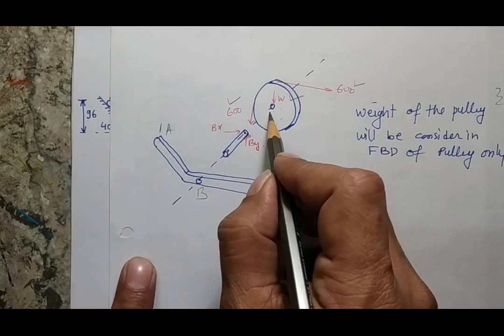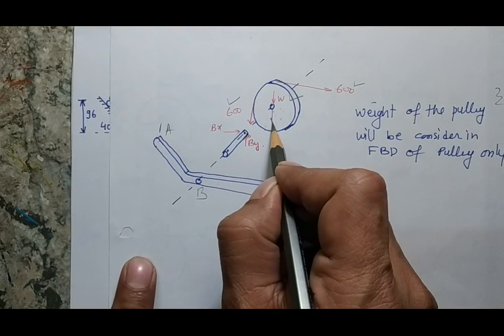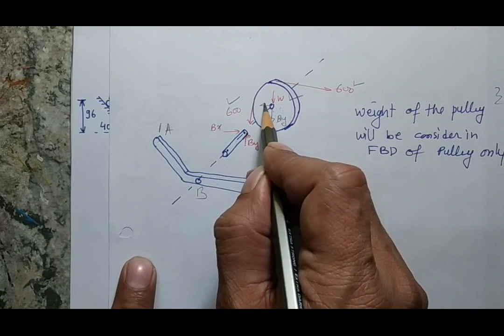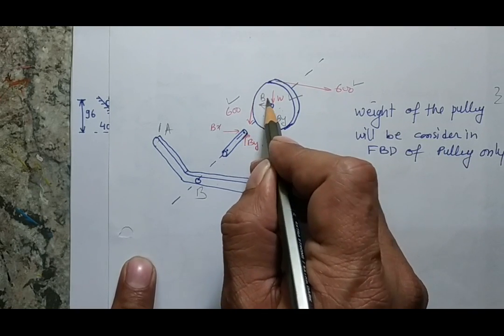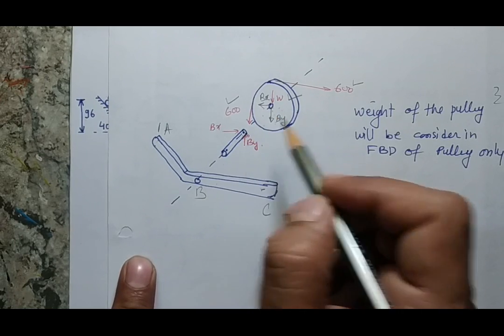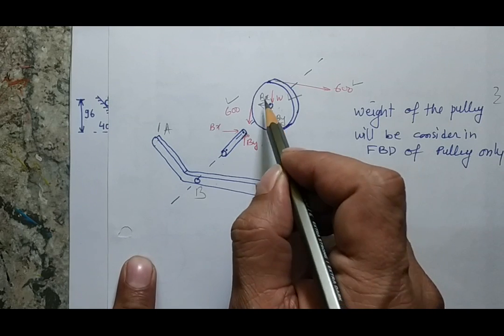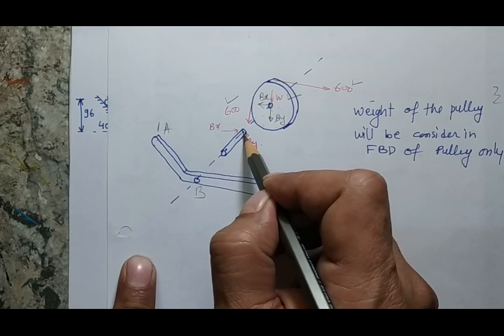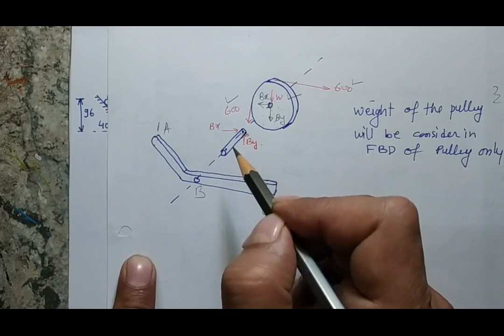So in my case, there will be a downward reaction because of this pin, that is By, and a leftward reaction because of the pin, this is Bx. As these two are counterparts, if I make the reaction downward and leftward at this point, I have to make an equal and opposite reaction at this point, and that reaction ultimately will transfer to the point B.